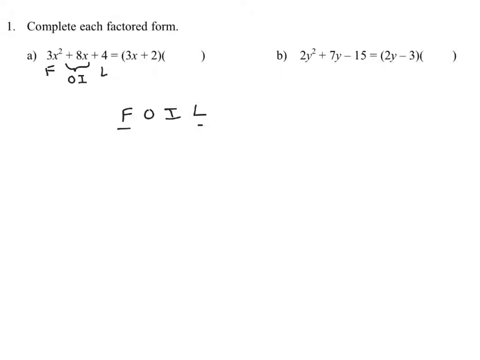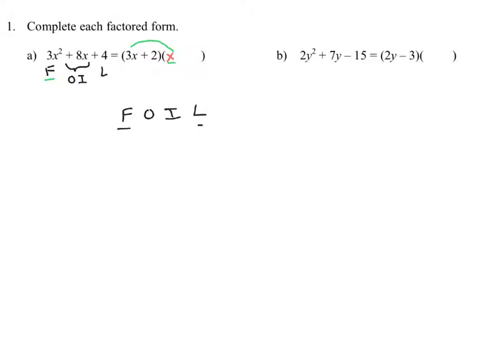So let's look at how we would determine the first term of the second factor. If we have 3x, we want to multiply that by something to get the first of 3x squared. So that must be x, because we know 3x times x is 3x squared. The outer and the inner are tougher to find because we know that they have to add up to 8.